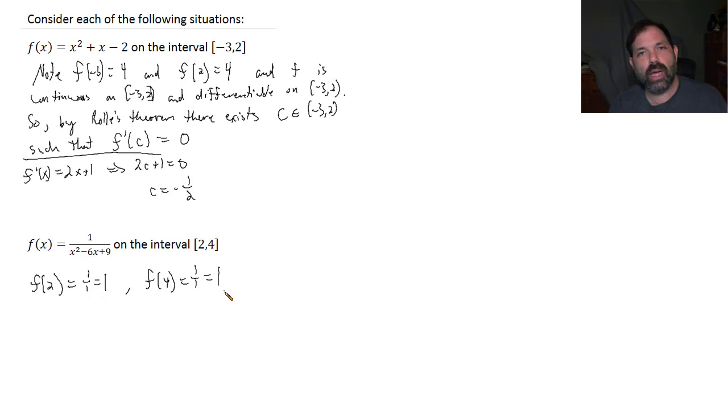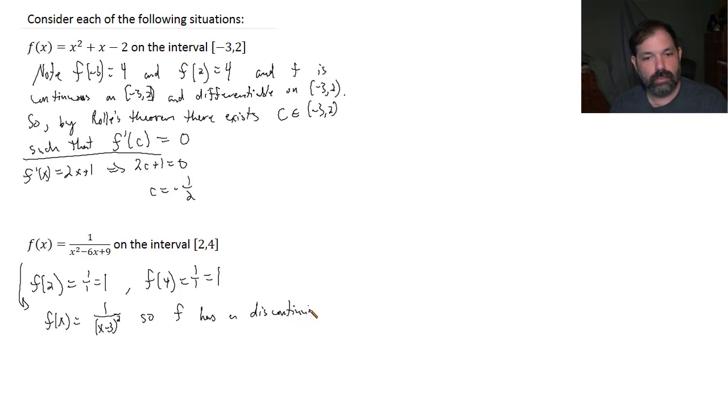Okay, wait a second. What about continuity? See, it's a little tricky here. Notice that I could rewrite this function f of x. Notice that x squared minus 6x plus 9 is the same as x minus 3 squared. So f has a discontinuity at x equals 3.